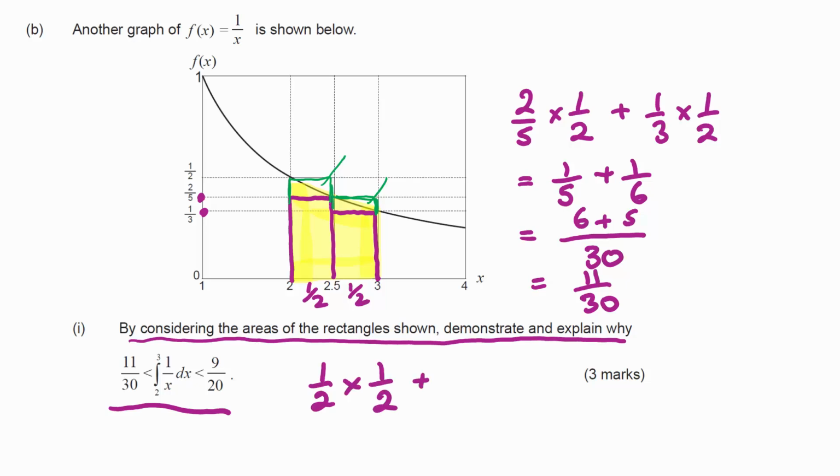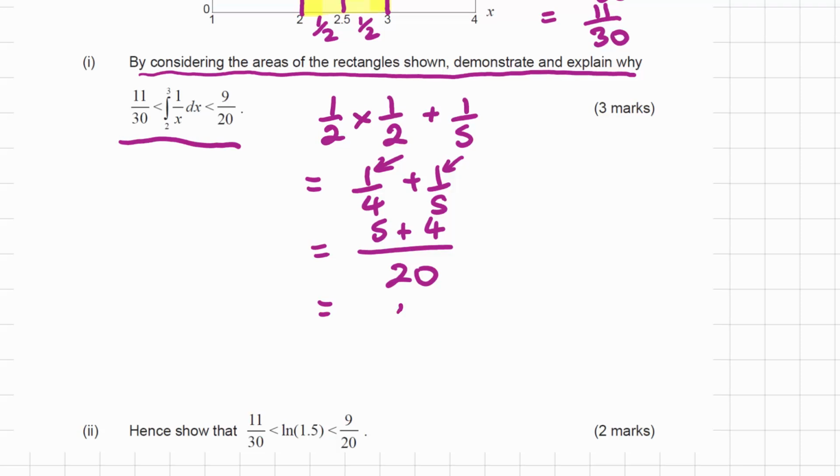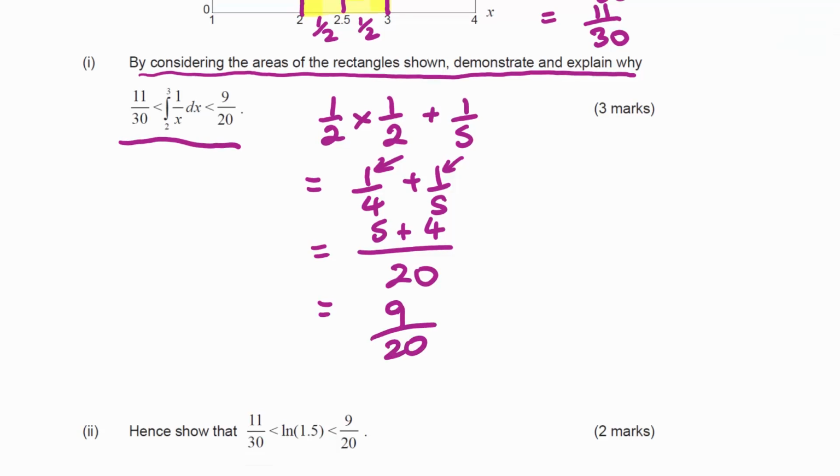And the second one is actually this one again, and so we know that that one already is 1/5. And therefore we have a quarter add a fifth, common denominator of 20, multiply this one by 5, multiply this one by 4, and so that is going to be 9/20. And so we can see why this is the case. The true area is trapped between those areas formed by the rectangles.